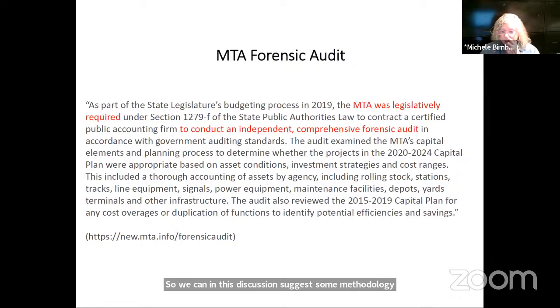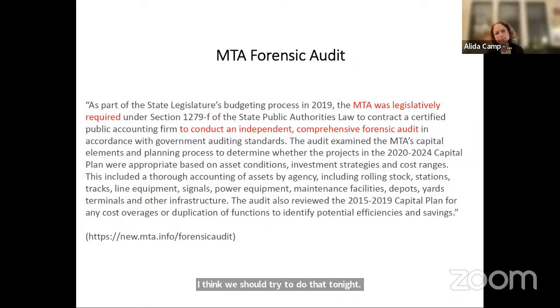And to the extent that it's on the agenda and is perfectly relevant, I think we should try to do that tonight. If we were talking just about an environmental or a relieving congestion scheme, it would maybe be different. But we're talking about a revenue producing scheme that will have a far-ranging financial impact on a lot of people in the city and the surrounding areas and elsewhere around the country too.